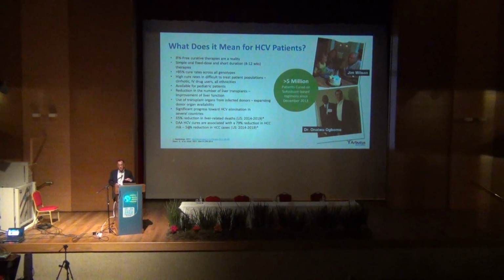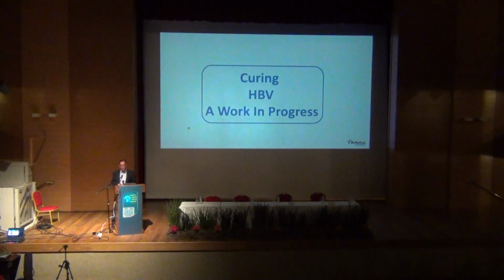That's possible with these drugs now, but I think what you also will need is a preventive vaccine which will prevent new infections, because new infections continue to grow over time, because of other things like illicit drug use that seems to be pervasive in countries like the United States. So, let's go on to HBV.